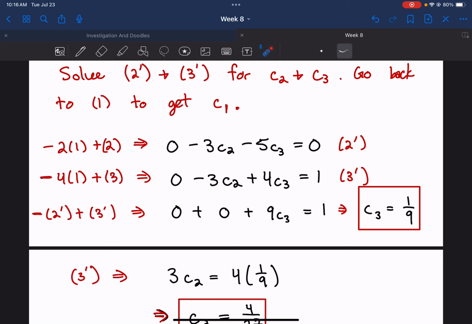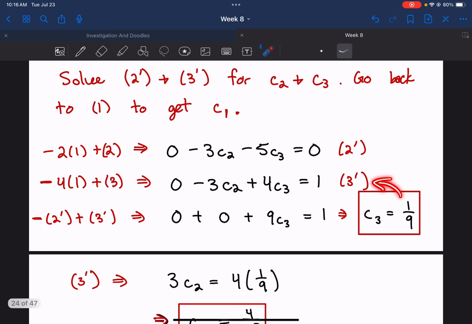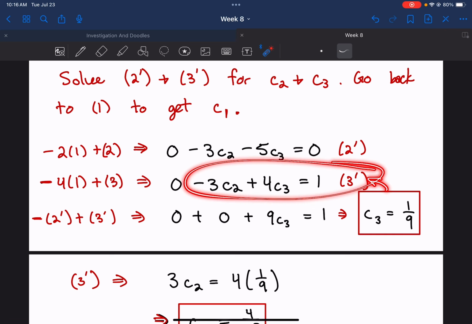Now I take this and plug it into 3'. Why not? Negative 3c2 plus 4 times 1/9 should be equal to 1.